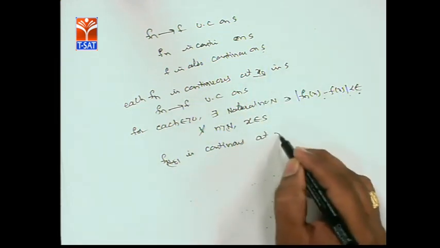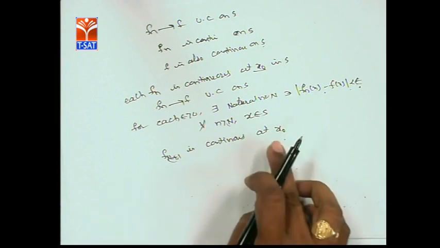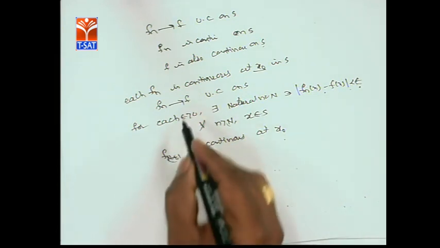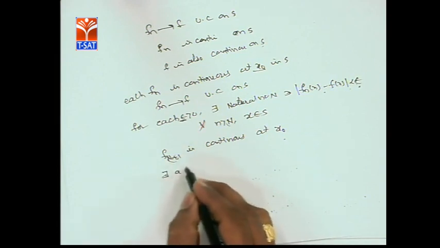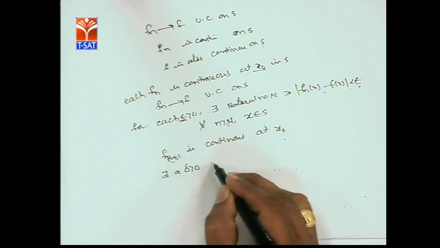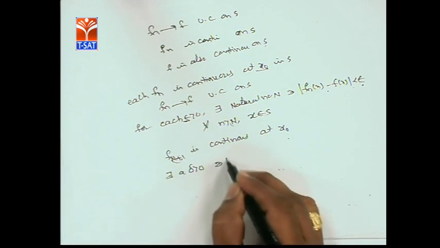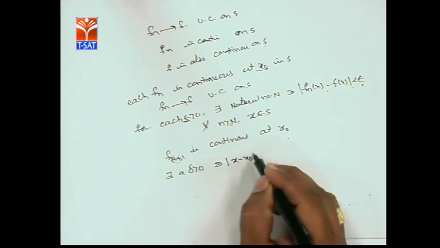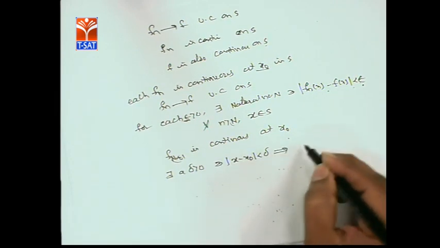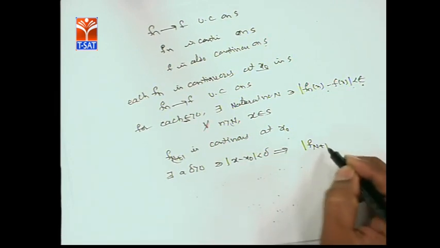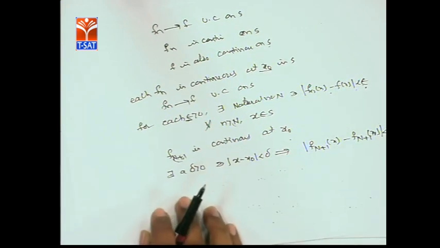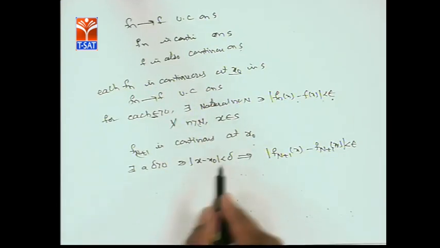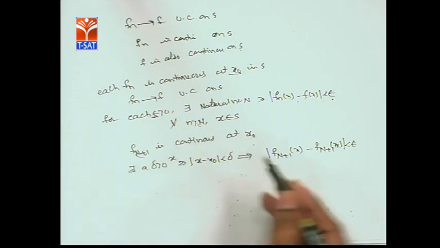Therefore, by the formal definition of continuity, for this epsilon there exists a delta greater than 0 such that mod x minus x naught less than delta implies mod fN plus 1 of x minus fN plus 1 of x naught less than epsilon. Now here x belongs to S.